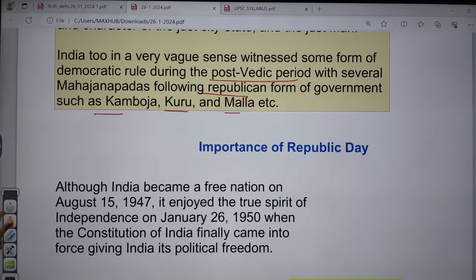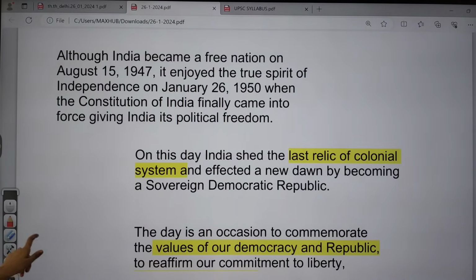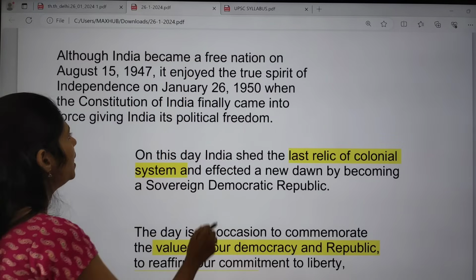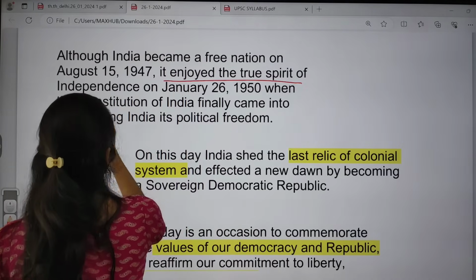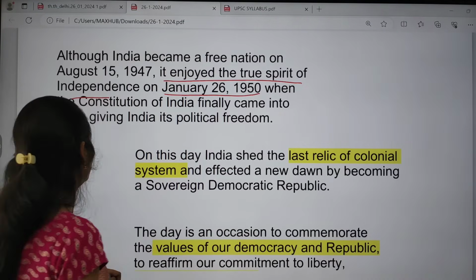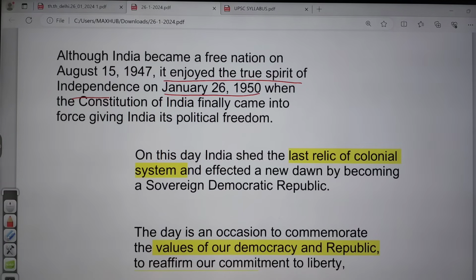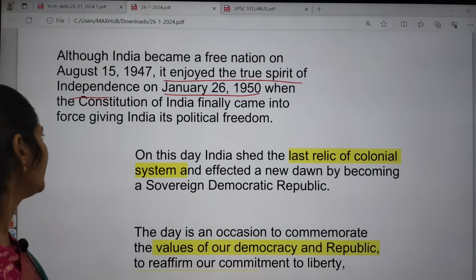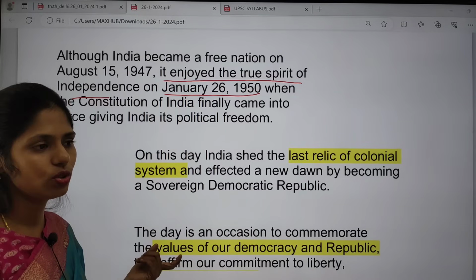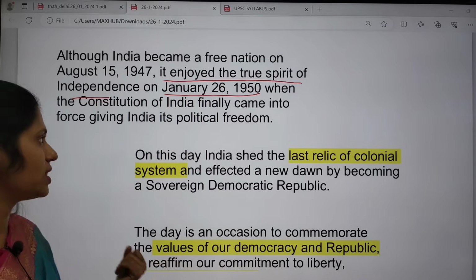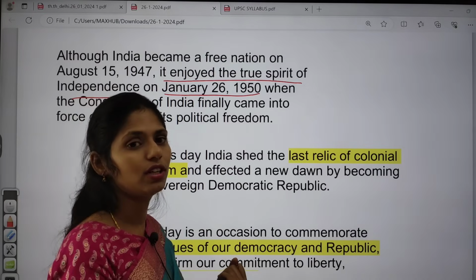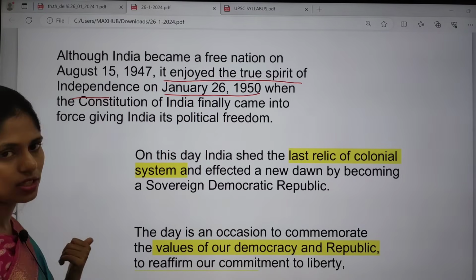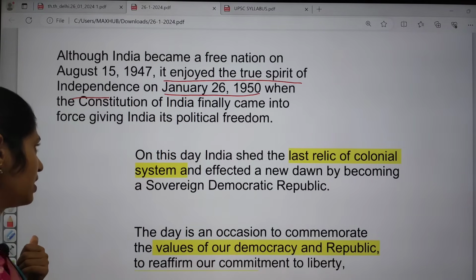If we are talking about the importance of Republic Day, although India became a free nation on August 15th, 1947, it enjoyed the true spirit of independence on January 26, 1950. What is the speciality of that day? Our constitution finally came into force. Because of this, we celebrate Republic Day on January 26th.